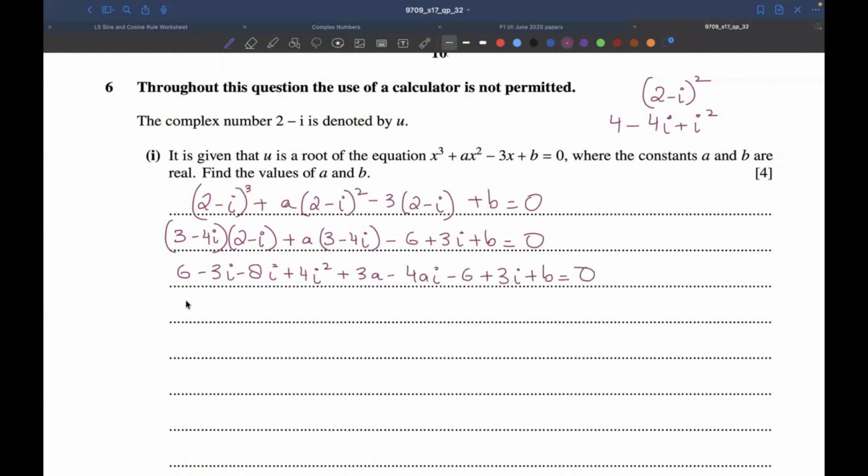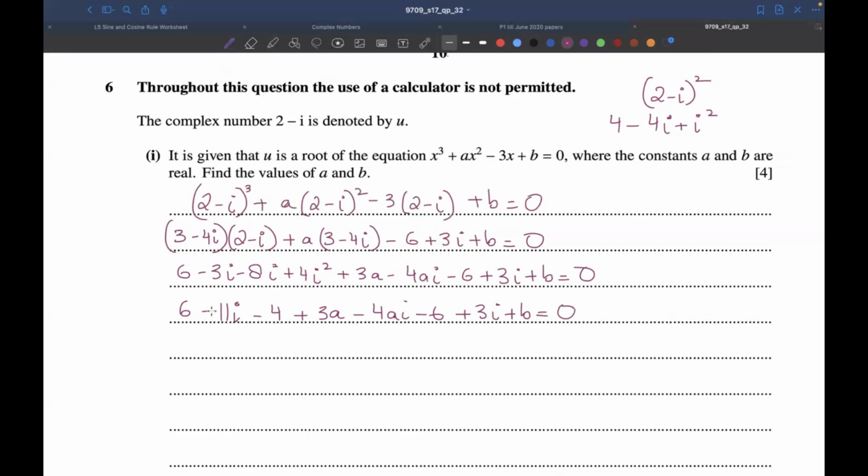Simplifying, we'll have 6 minus 3i minus 8i, which will become minus 11i. We know that i square is -1, so this will become -4 plus 3a minus 4ai minus 6 plus 3i plus b equals 0. In -11i plus 3i will become -8i.